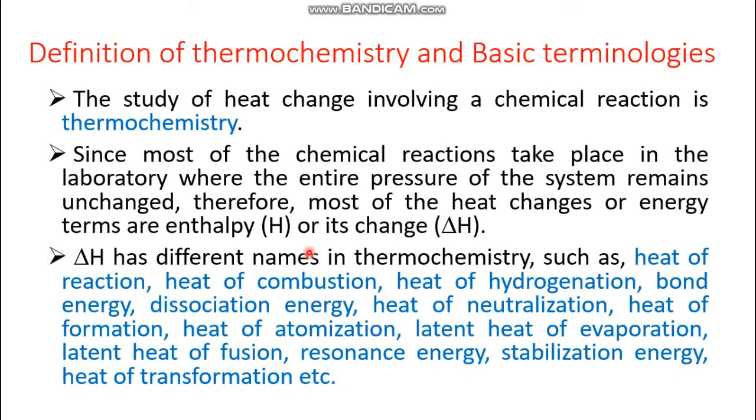Since most chemical reactions take place in the laboratory where the pressure of the system remains unchanged, most of the heat changes or energy terms are enthalpy or its change, delta H.